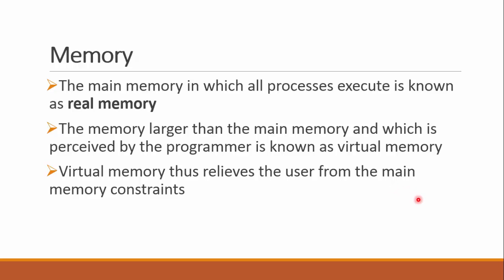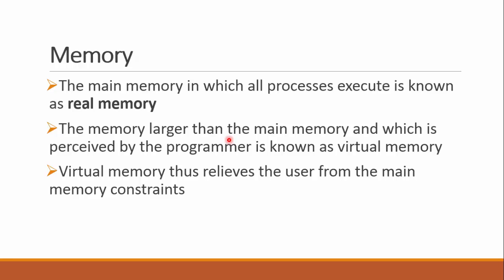Main memory is called the real memory because this is the place where all processes get executed. But what the programmer perceives as the process or the program can be larger than the main memory. The programmer doesn't take into consideration the size of the main memory.